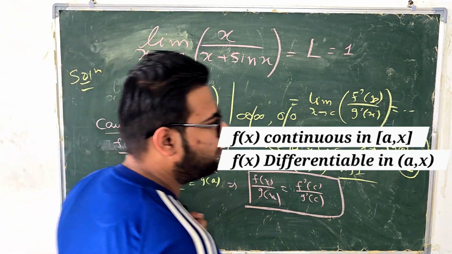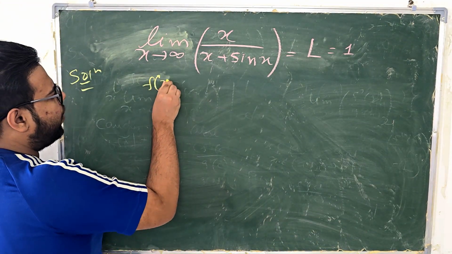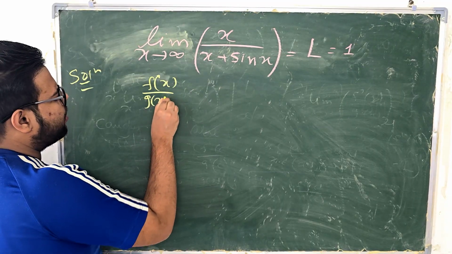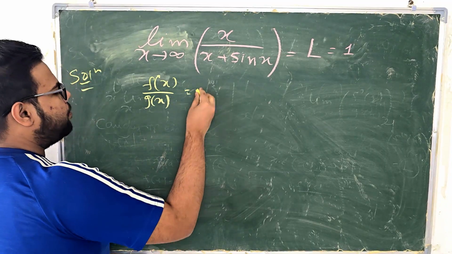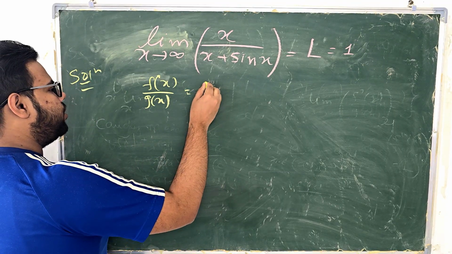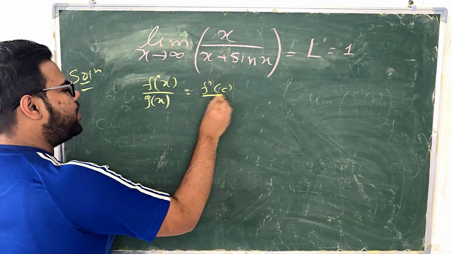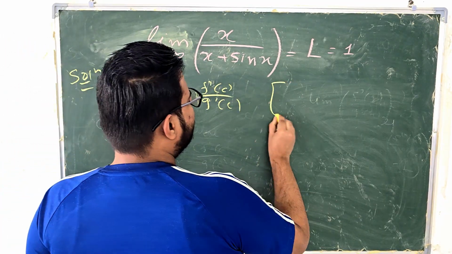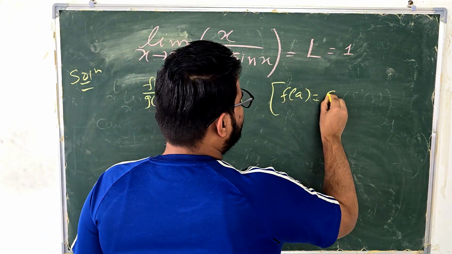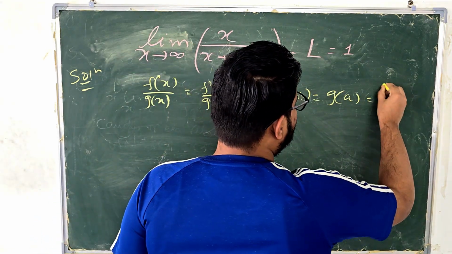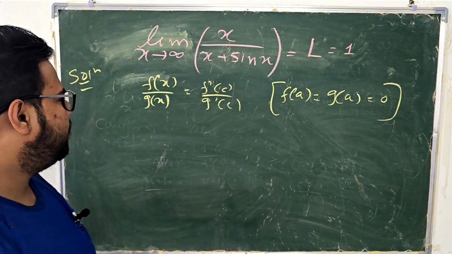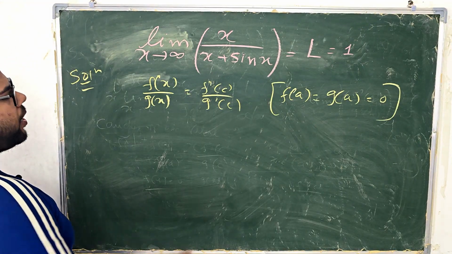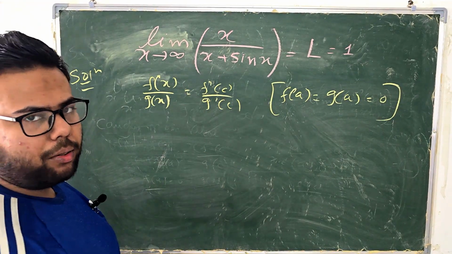Let's move to the next part. So you had got f of x divided by g of x is equal to f dash at c divided by g dash at c, right? You had got this expression for f of a is equal to g of a is equal to 0. So now if you have to make it of the form 0 by 0, then what you will do?